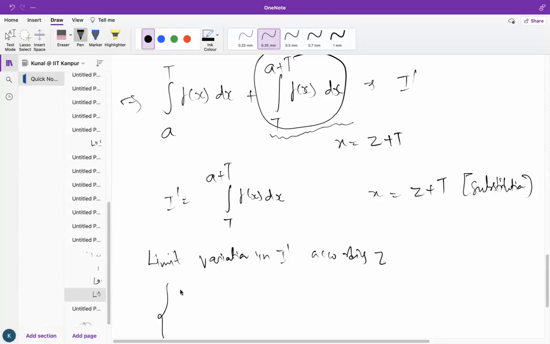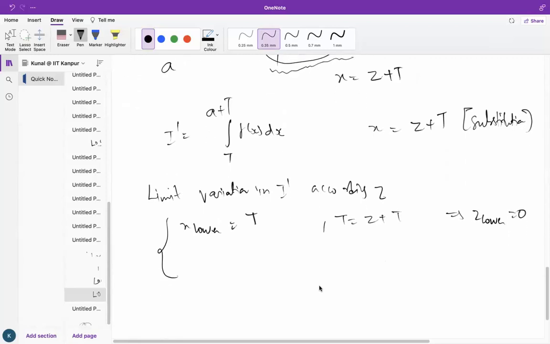Let me write here: x lower is equal to t, so t is equal to z plus t, so the z lower limit is also 0. Now x upper: the x upper limit is a plus t, so a plus t is equal to z plus t. It gets cancelled, so the z upper limit is nothing but a.